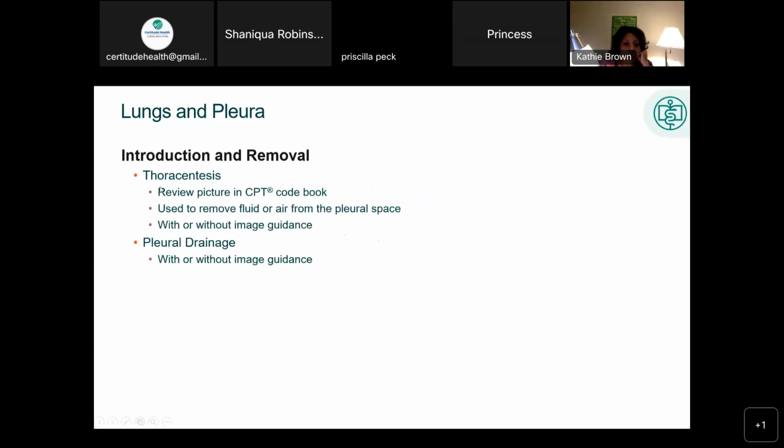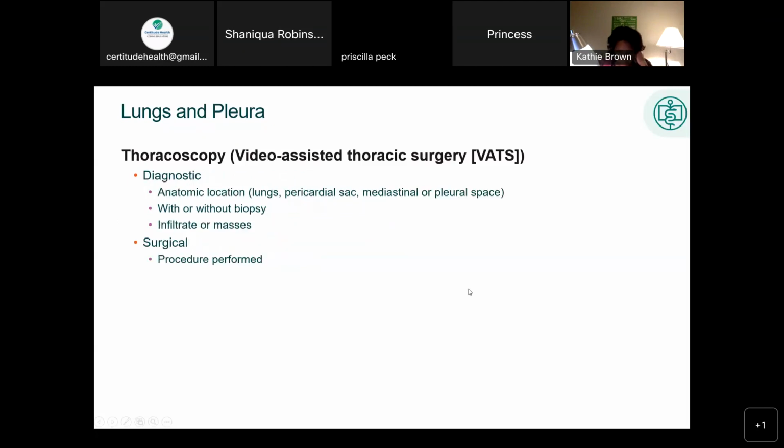I mentioned thoracentesis and pleural drainage. So thoracentesis can be done with or without image guidance. Thoracoscopy. So there we go again with that scope. They're using a scope. These are typically video assisted. So they call it VATS, video assisted thoracic surgery.